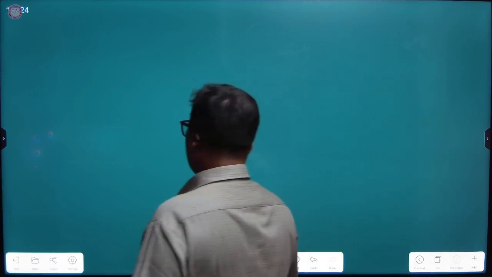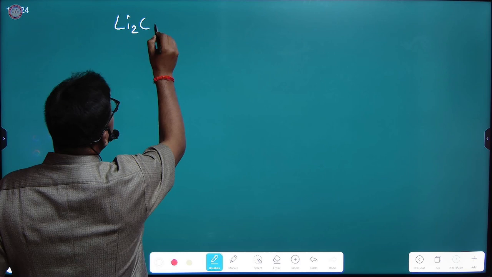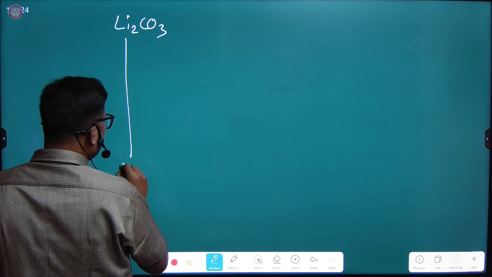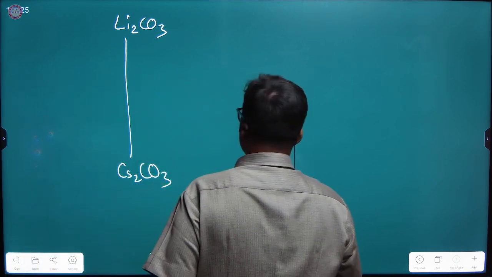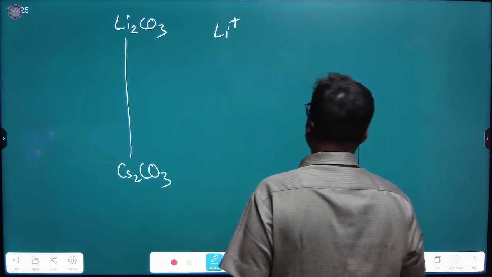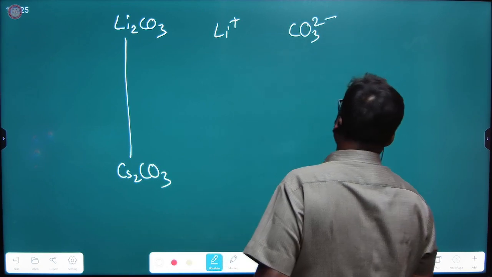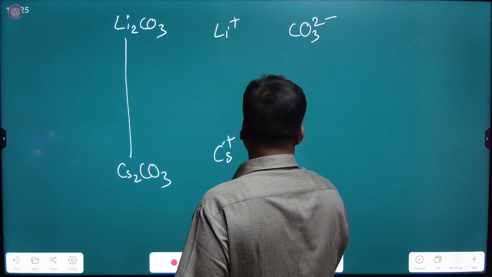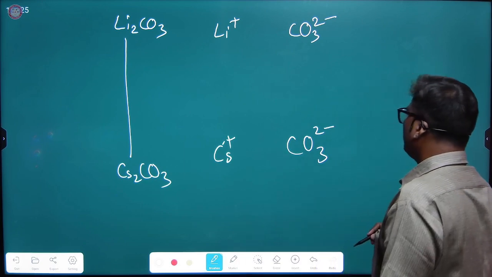So, lithium carbonate, Li2CO3, and Cs2CO3. So here lithium plus is the smallest sized cation, and carbonate is the larger anion, right? And this is cesium plus, and the carbonate ion is similar. So this is common.